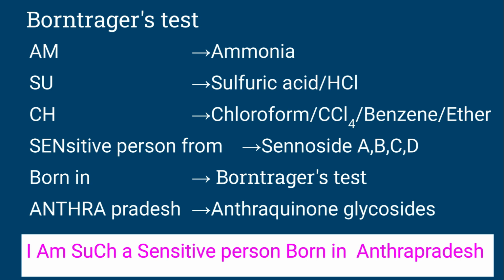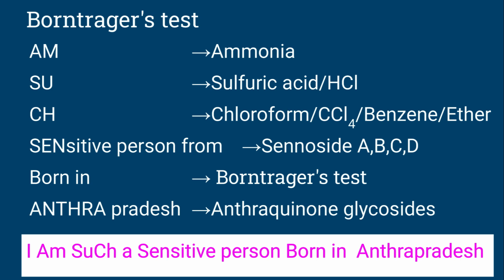Let's see the trick. I am: that "am" is for ammonia. Such, that is SUCH. The first two letters, SU, stand for sulfuric acid, and the last two letters, CH, stand for chloroform.